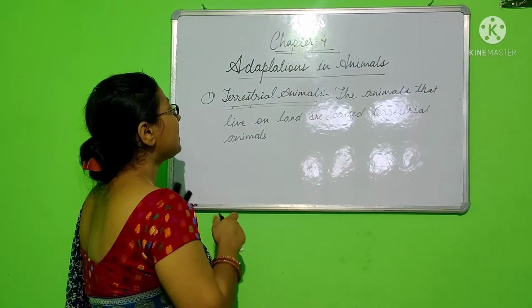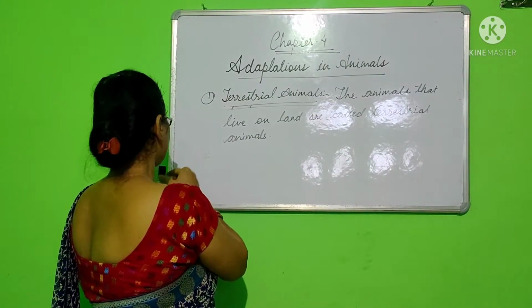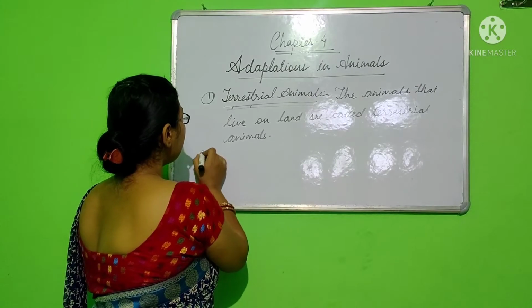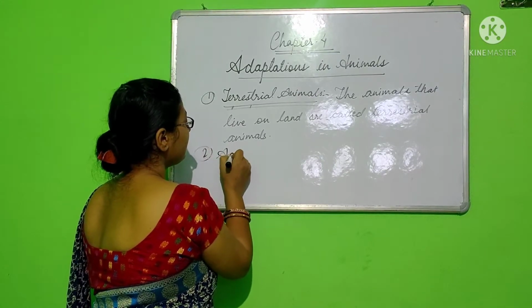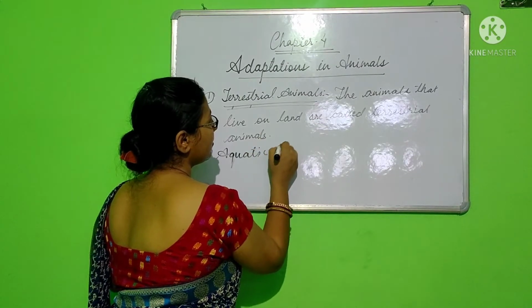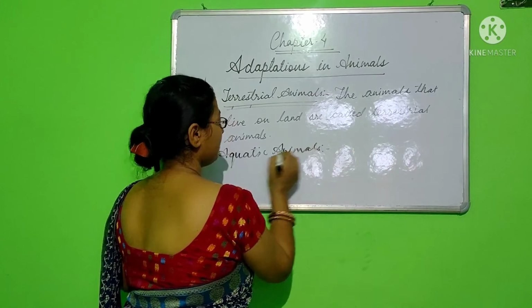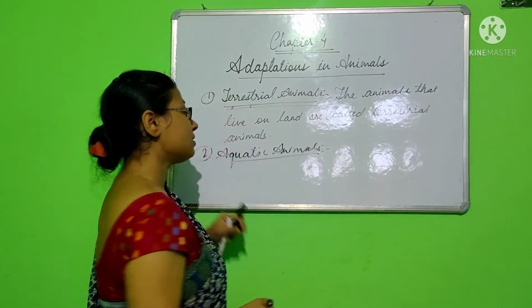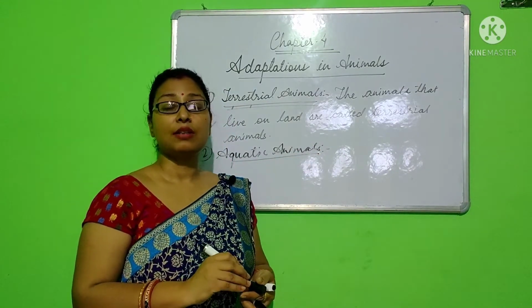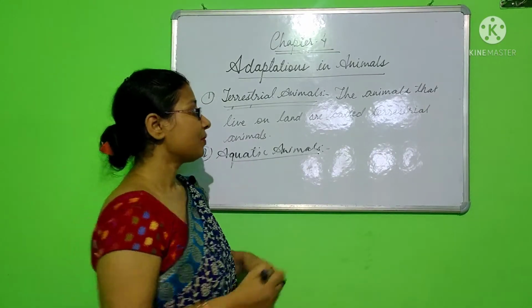After this are the animals that do not live on land. They live in the water. Those animals that live inside the water are called aquatic animals.